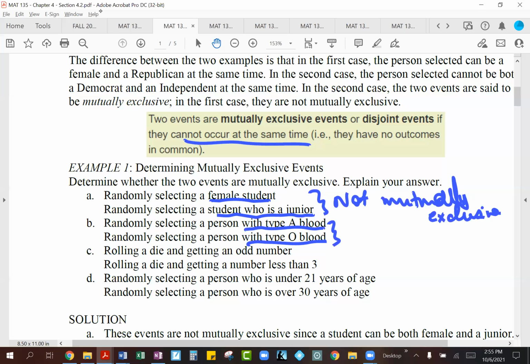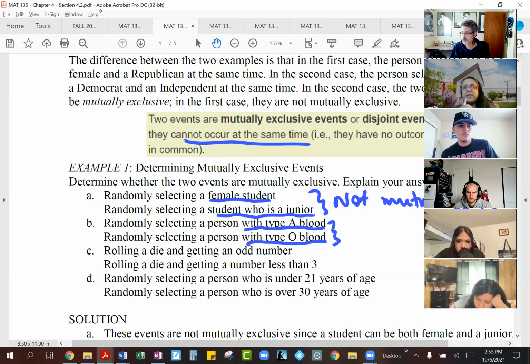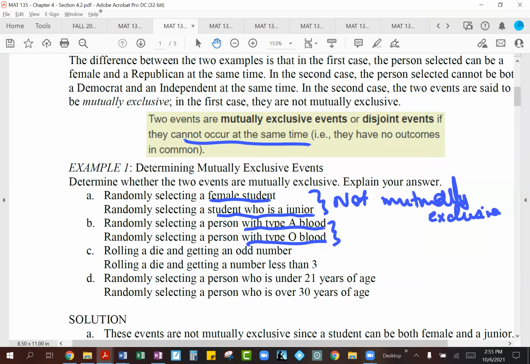Can these two events happen at the same time? No, because you're either going to be type A or type O. So that means this is definitely an example of events that are mutually exclusive.